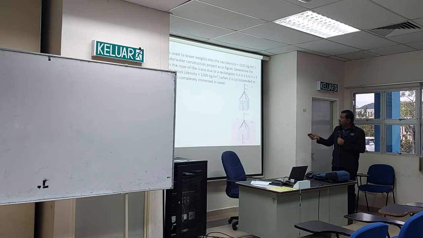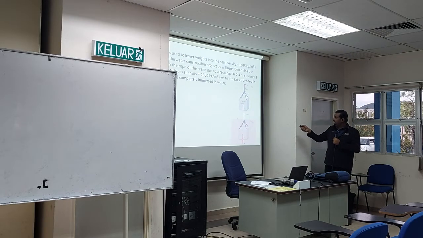You have tension on the rope, and you have the weight of the body because of gravity, and this is in air. In air it is different, and in water it is different. In air, you only have the tension force on the rope and the weight.